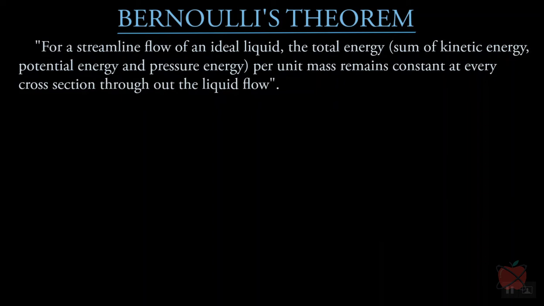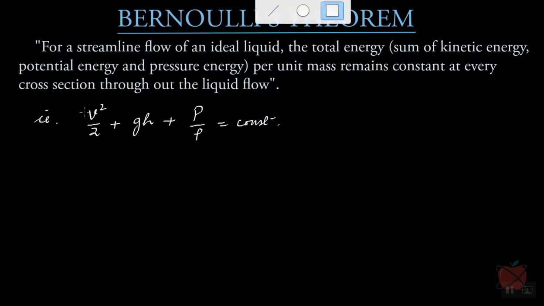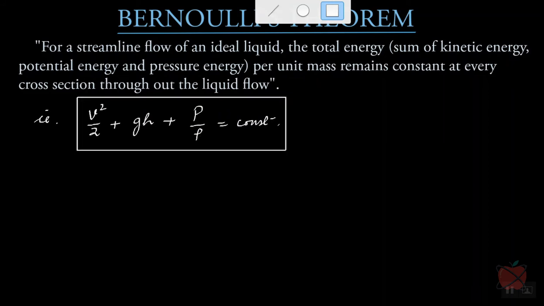Mathematically, v squared by 2 plus gh plus pressure by density is constant. This expression is known as Bernoulli's theorem.